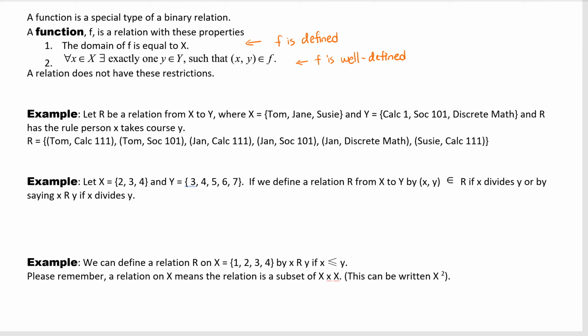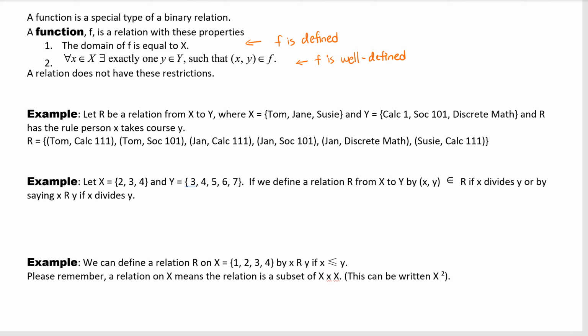Then we can have the relation like Tom takes Calculus 111, Tom takes Social Science 101, Jane takes Calculus 111, Jane takes Social Science 101, Jane takes Discrete Math, and Susie takes Calculus 111.